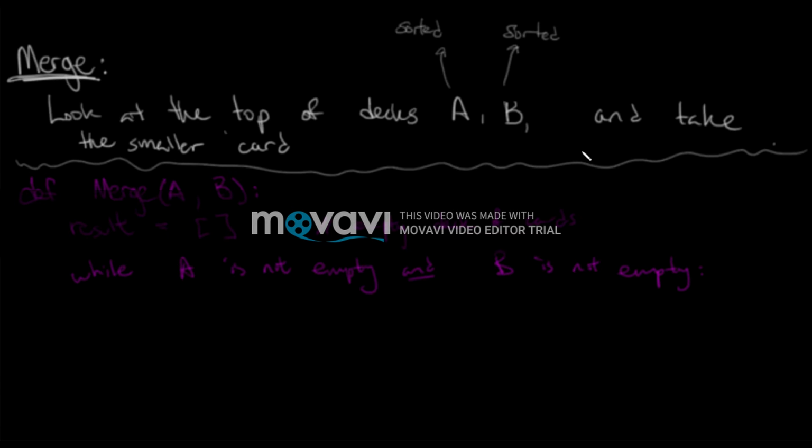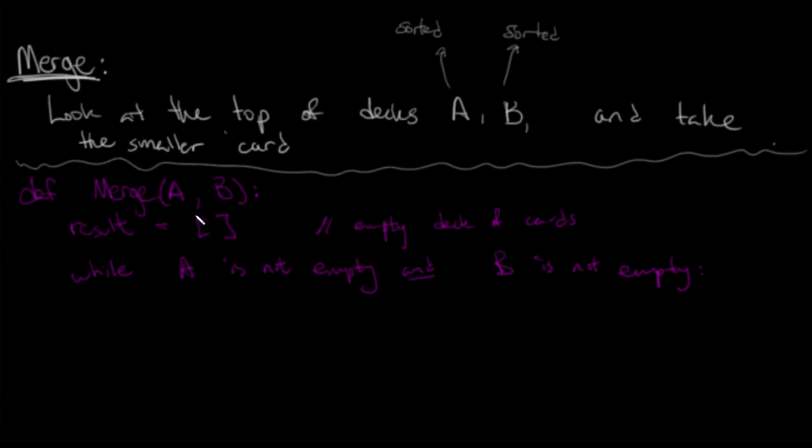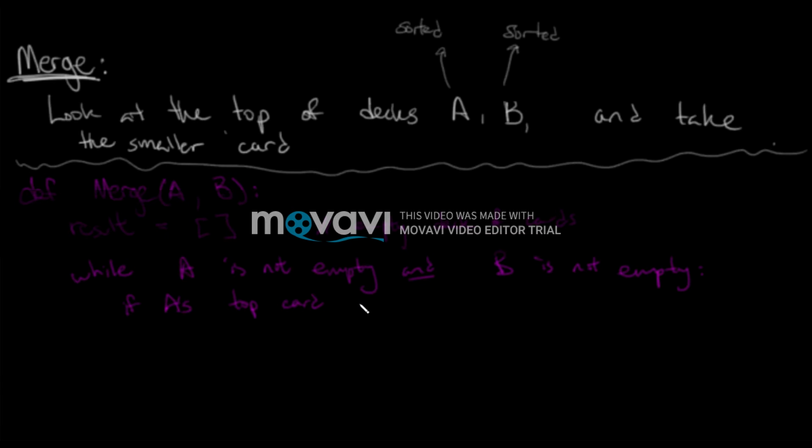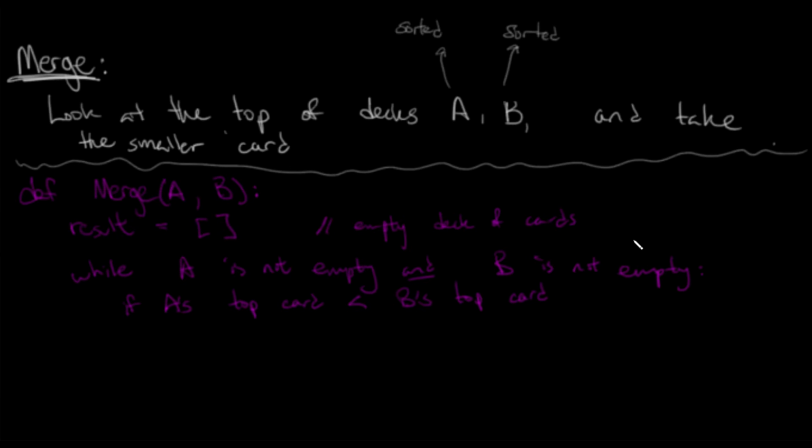Like we said in our rule, we're going to look at the tops of the two decks. We're going to say if A's top card is less than B's top card, then according to our rule, what do we do? Well, A's top card is the smaller card, so we're going to take the top card of A. We're going to take this card right here.